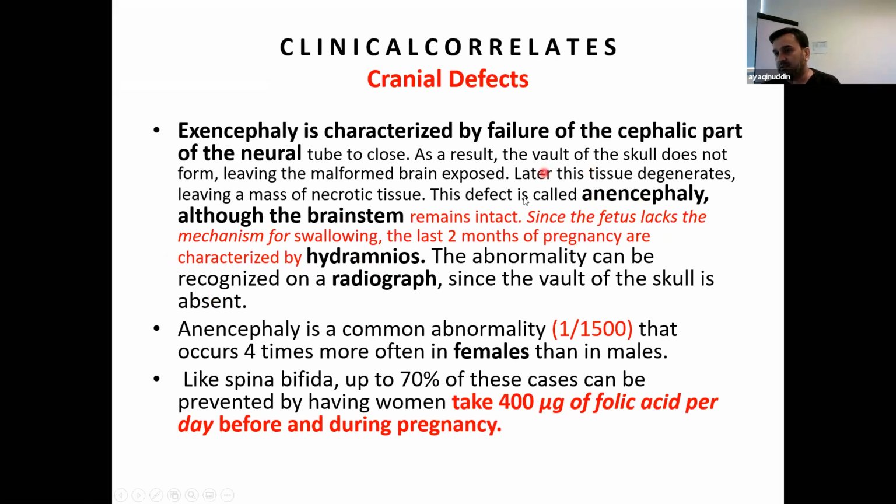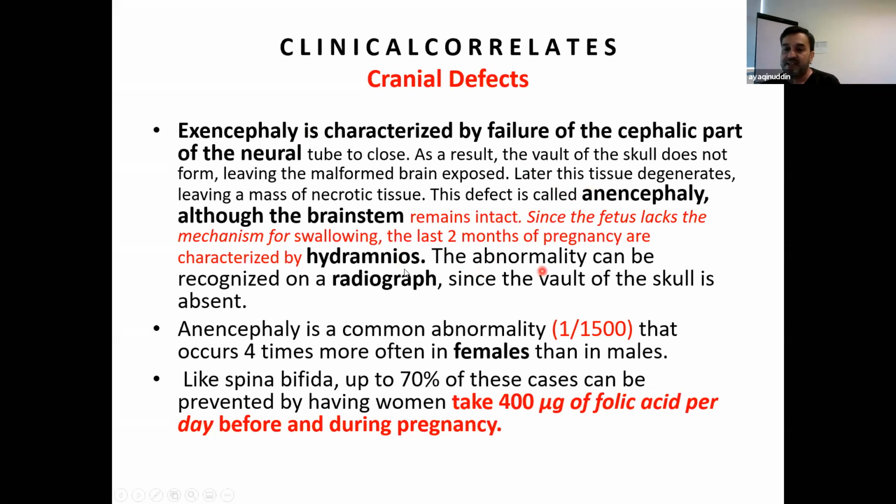So with congenital abnormalities like exencephaly and anencephaly, the mechanism of swallowing is mainly affected, and because the fetus cannot swallow the amniotic fluid, usually it is characterized by polyhydramnios.